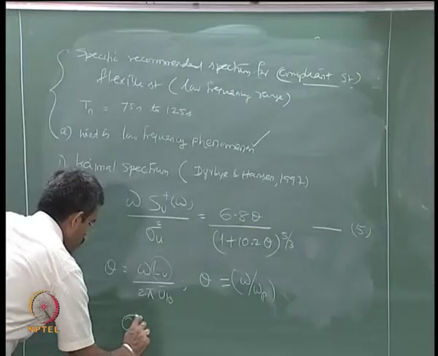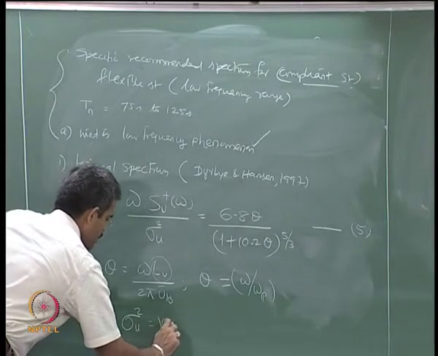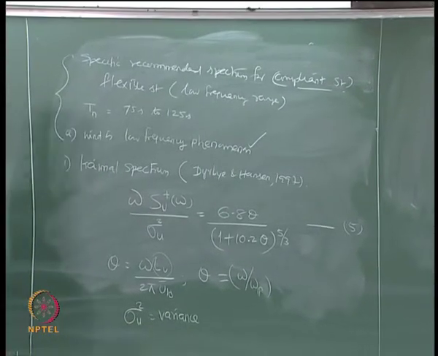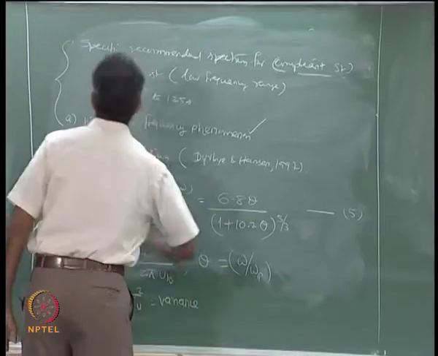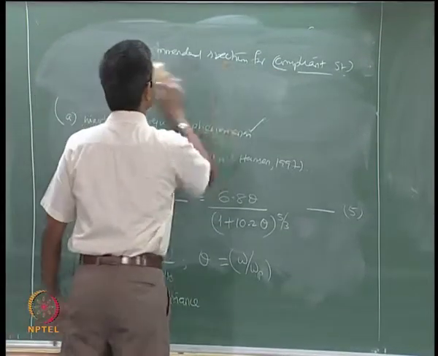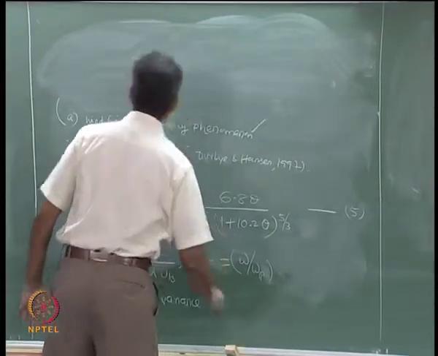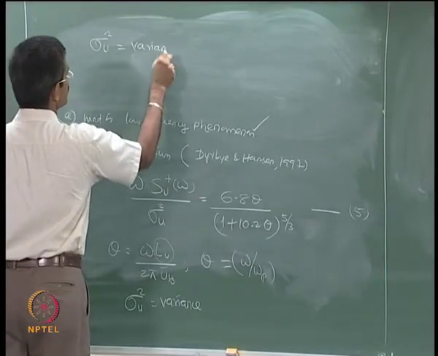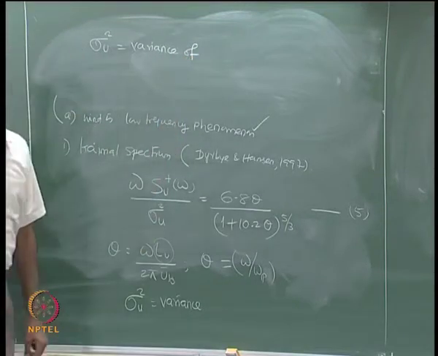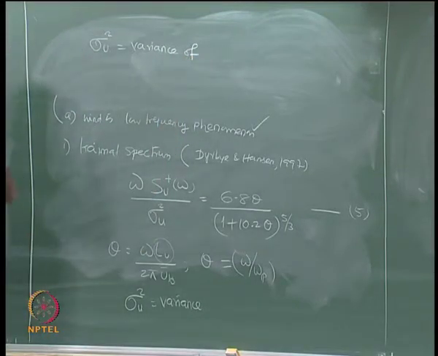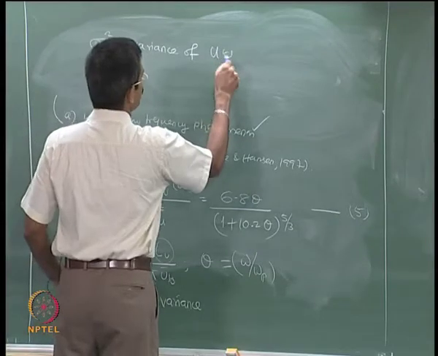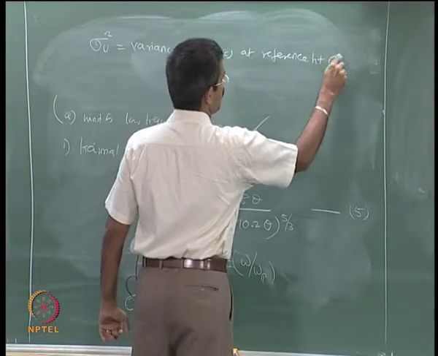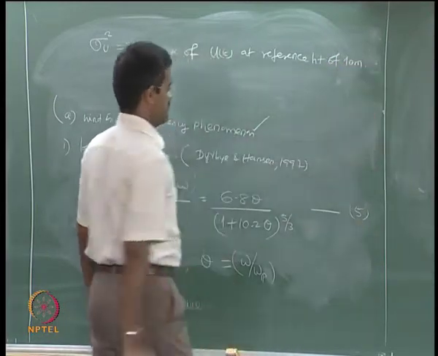And of course, sigma u square is the variance of u of t at reference height of 10 meters.